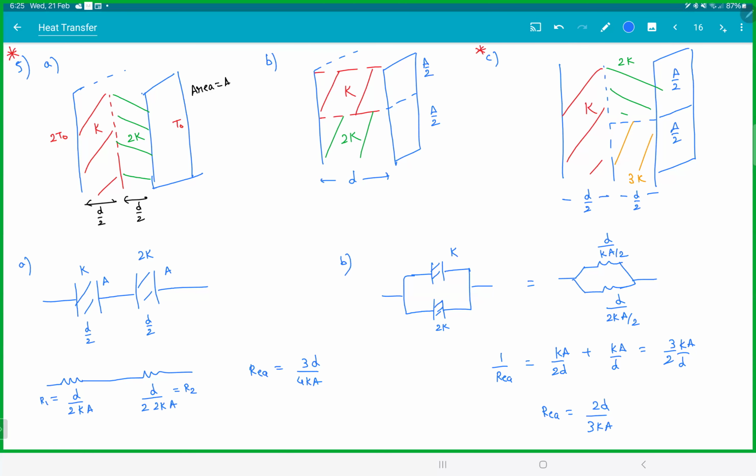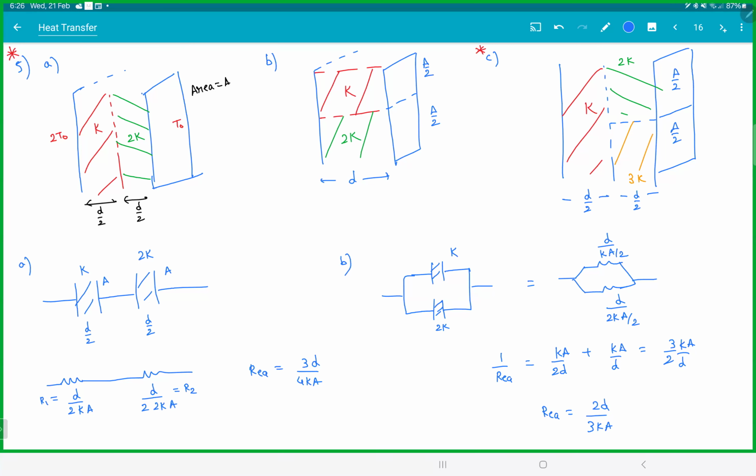Let's see what people will get for C as an answer. Any doubts on A and B, please ask. Okay.